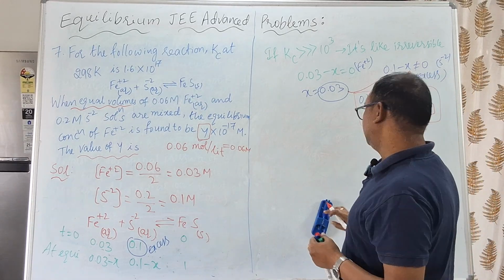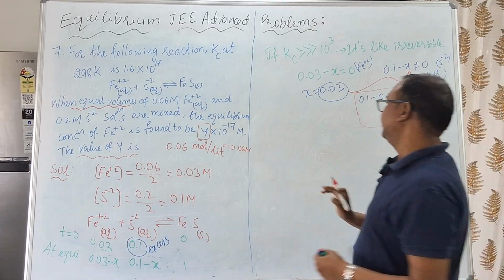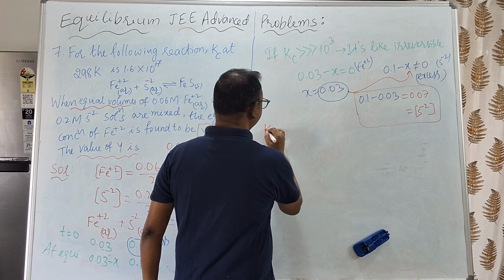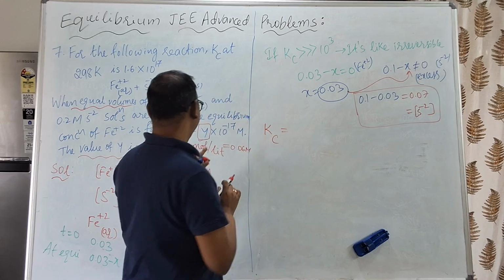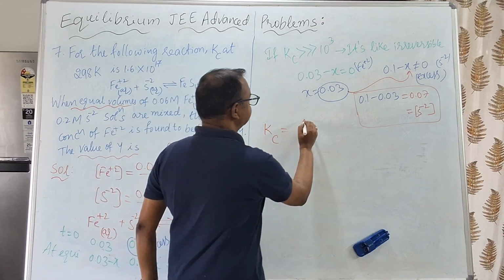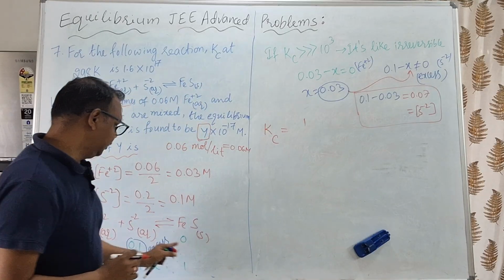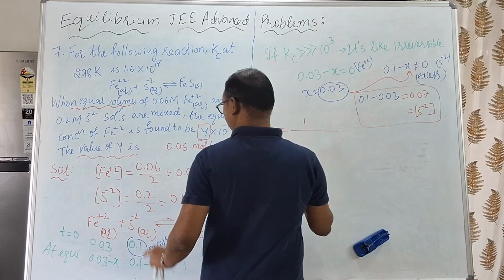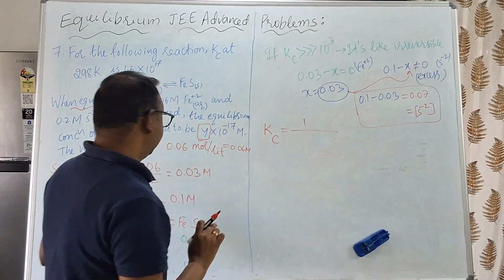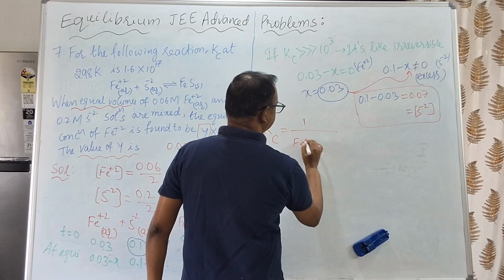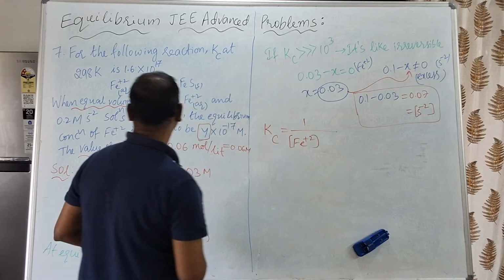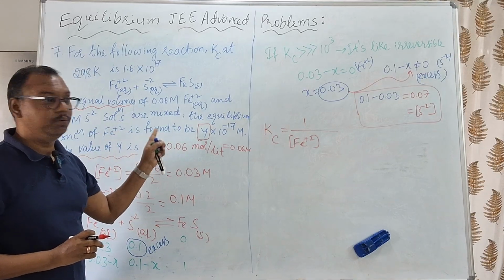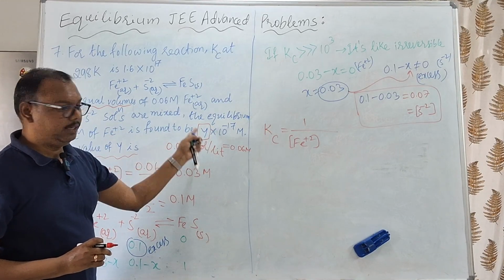Now let us consider Kc. Kc is equal to the product by reactant. I am writing the first expression, then we will substitute the values. The question is asking for the equilibrium concentration of Fe plus 2, which is found to be y into 10 power minus 7 molar.